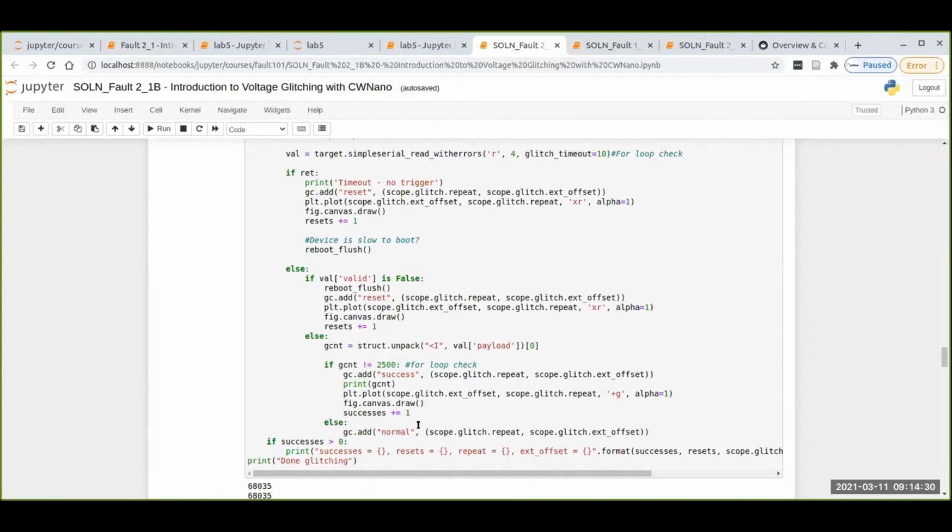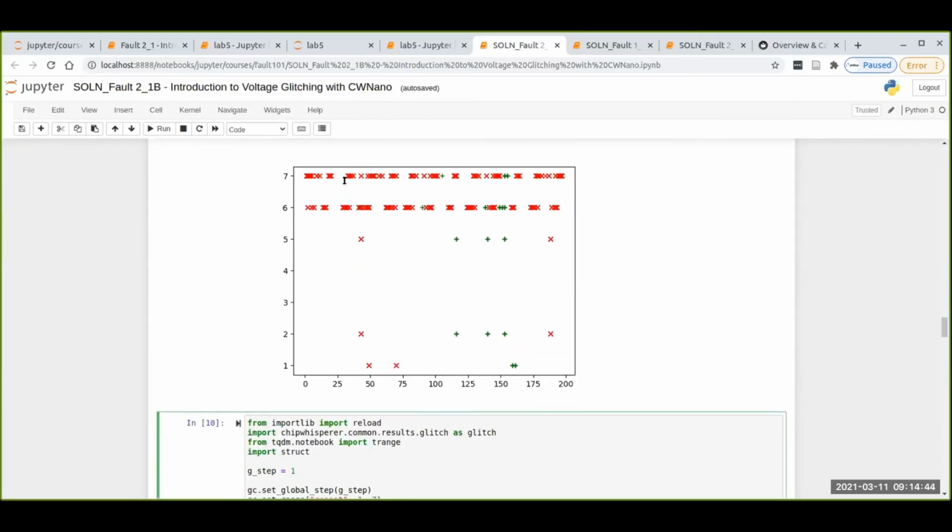So notice we're not plotting when things are normal. So the plot points that we're seeing are only if it's valid or we have a successful attack. So in theory, if you wanted to plot everything, there should be something at every single point here. It's executing this entire space.